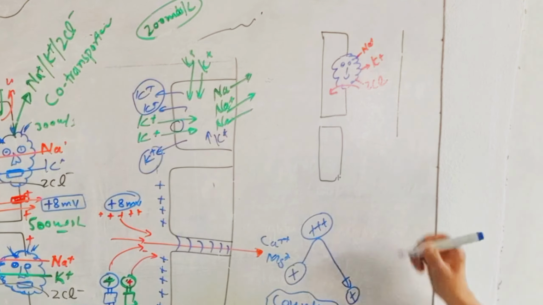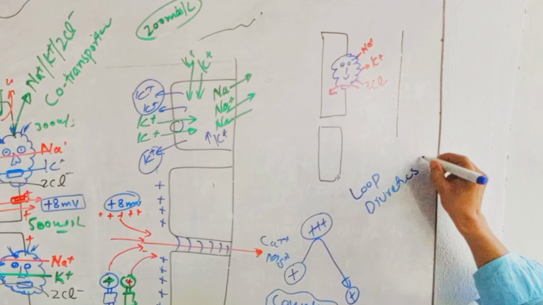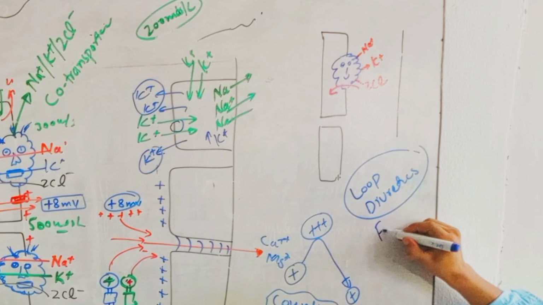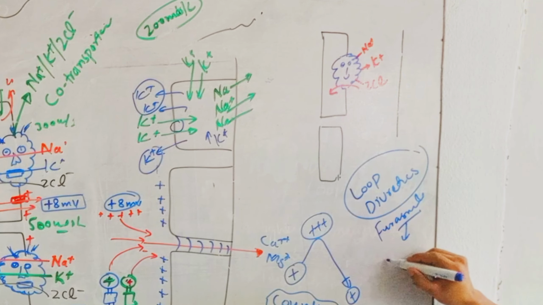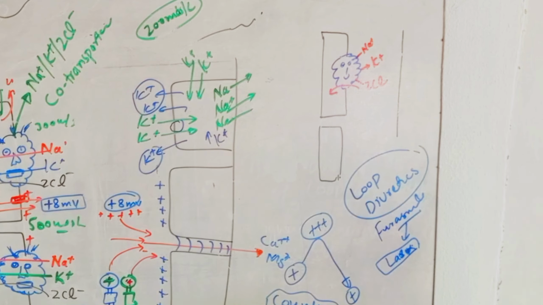When we give loop diuretics, these are the medications which are used for high blood pressure, hypertension. One example is furosemide, available with the name Lasix, right?